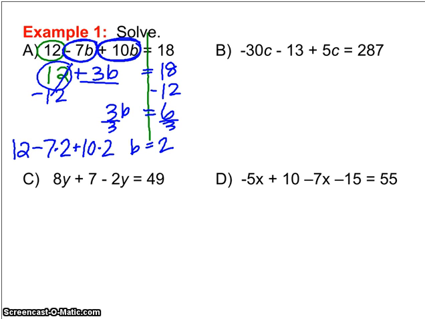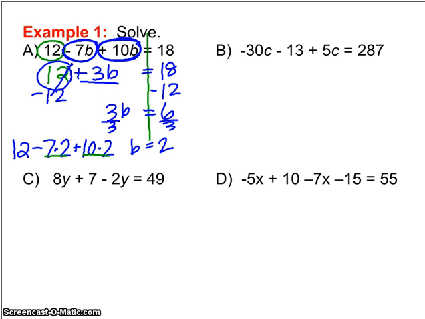Those of you with the scientific calculators, again, your calculator will follow order of operations and you will get 18. For those of you who don't have the scientific calculator, make sure that you type in your multiplication problems first and then go back, make sure you do the order of operations on your own.